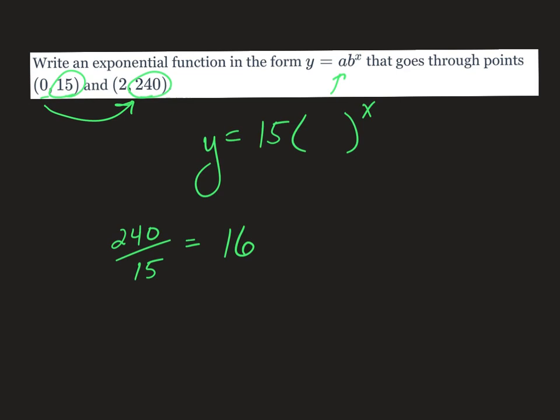So what we have to do is take our result and take the root equal to the amount of steps. So I have 16 and I'm going to take the root. Remember, the index can change. However many steps you take, that's the value that goes inside of this index. So if we took 4 steps, it would be a 4th root.